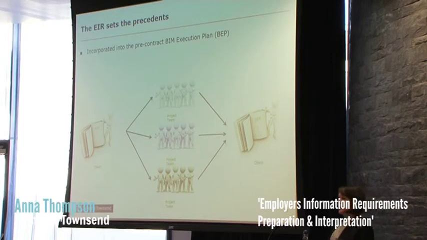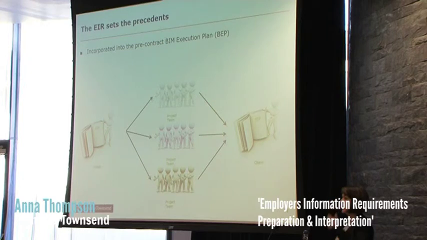So on projects where the clients ask for BIM, there's no EIR document, and then everyone's been left to put in place a BIM execution plan. How does the BIM execution plan get formulated if you don't know what your client's BIM objectives are? If you don't know who's got a role and responsibility? A BIM execution plan is very much just like a project execution plan. It's a process management tool.